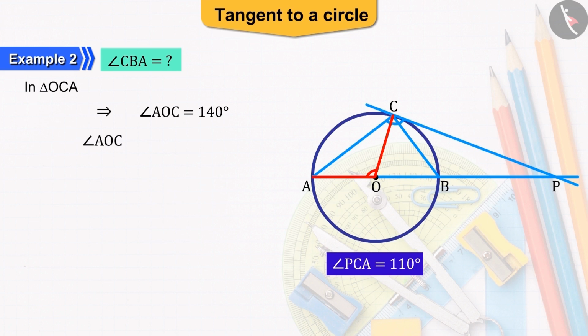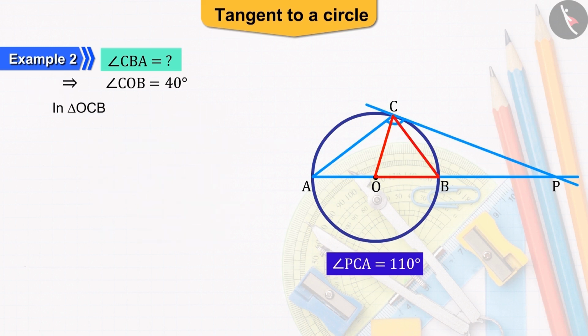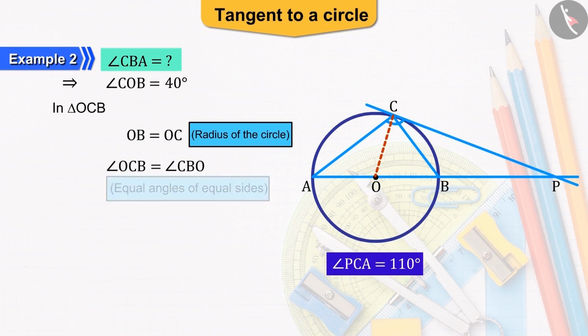Also, the angles AOC and angle COB form a linear pair. So, the angle COB will be equal to 40 degrees. Now, we can see in triangle OCB that the sides OB and OC are equal being the radii of the circle, due to which the opposite angles are also equal.